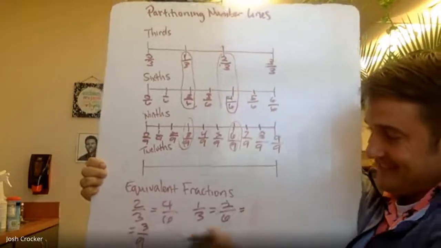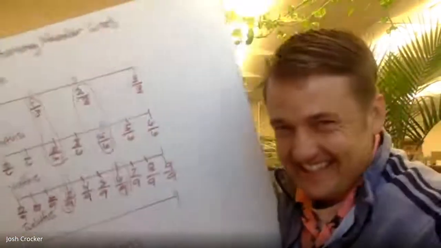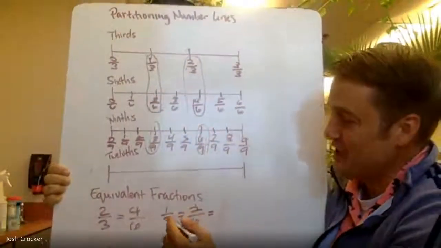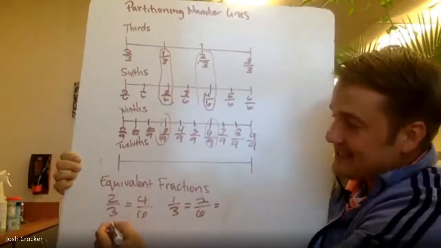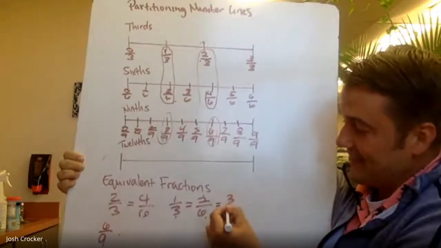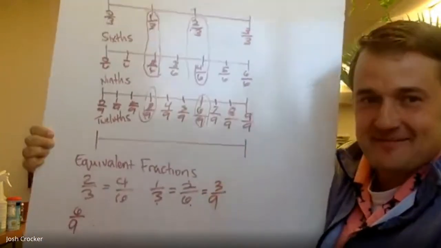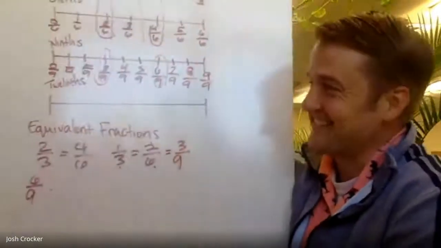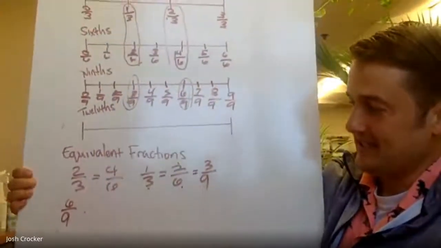I did that backwards. We've got to have a mistake in every video. 2/3, 4/6, 6/9, 1/3, 2/6, 3/9. That looks a lot better. Okay, so we did ninths.